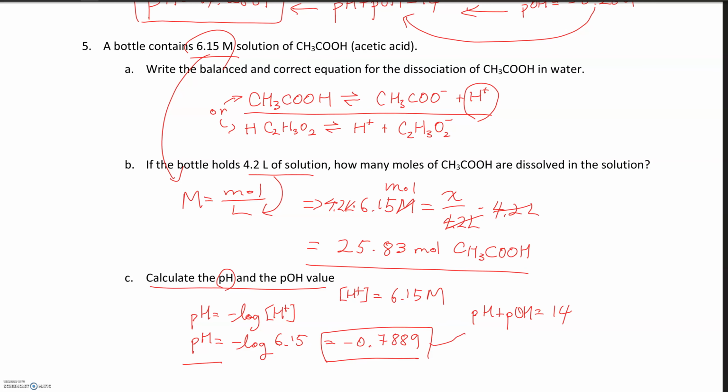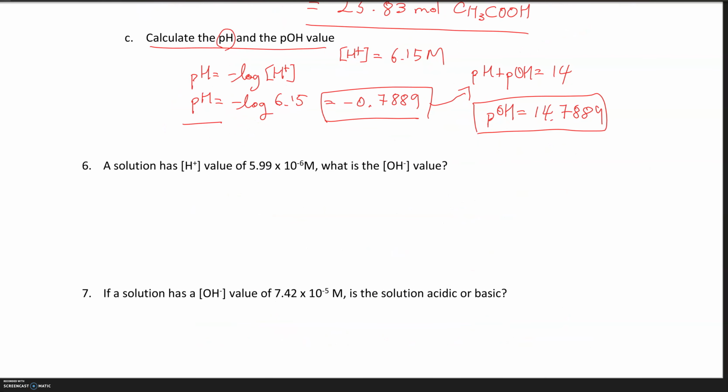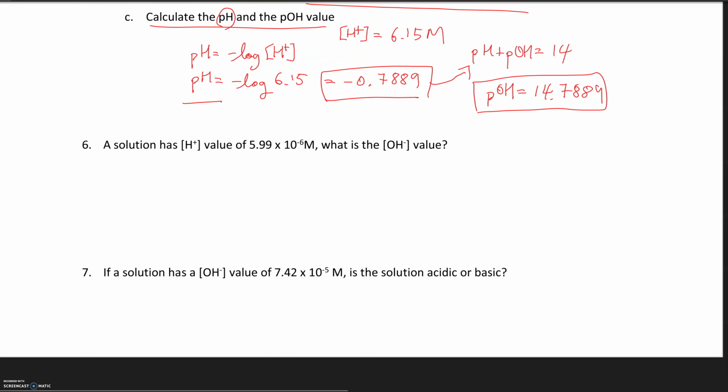And if we know our pH value as right here, we will be able to figure out that pOH equals 14.7889. And this is our pOH value. All right, let's move on to, actually, we do have 2 more questions. So let's look at number 6 and 7.